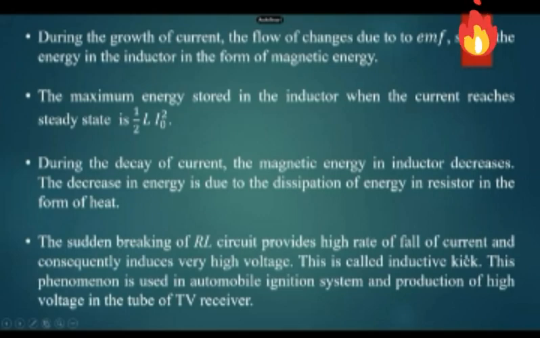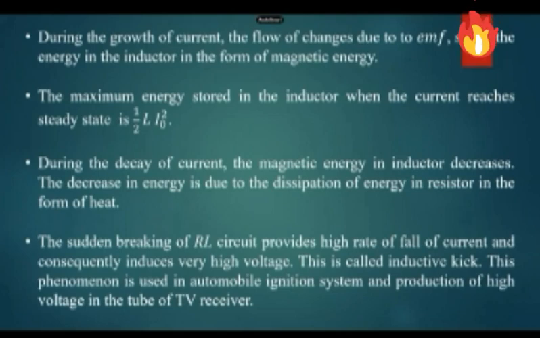Suddenly breaking an RL circuit produces a high rate of fall of current. Suppose you disconnect the battery suddenly, it gives a high rate of fall of current, a sudden fall of current, and consequently it induces a very high voltage. The electromagnetic induction process takes place and creates a very high induced voltage, and this process is called inductive kick.